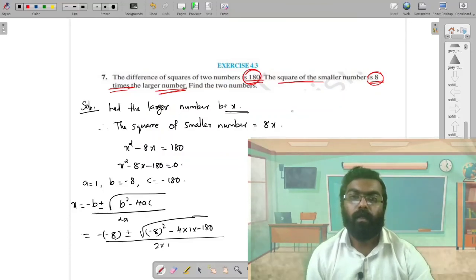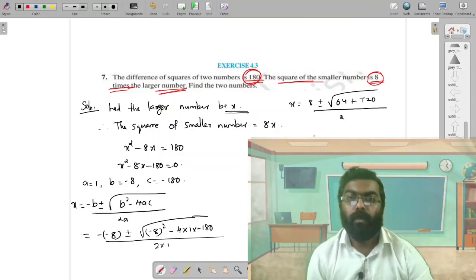So x is equal to 8 plus or minus root of 64 plus 180 into 4, and it is 720, divided by 2, which is equal to 8 plus or minus root of 784 divided by 2. That is 8 plus or minus, root 784 is 28, divided by 2.